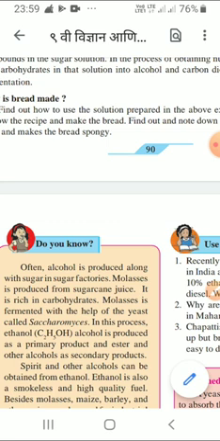Why does it make the bread spongy? Because the carbon dioxide which is formed in that wants to come out, so it comes out with the help of the pores present there. So it makes it porous, and that is why the bread becomes spongy.